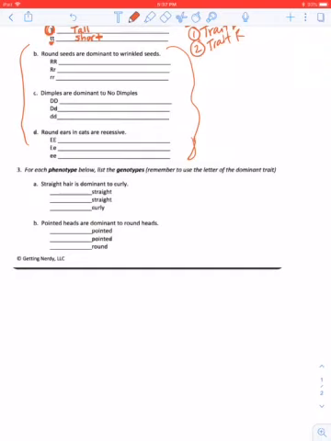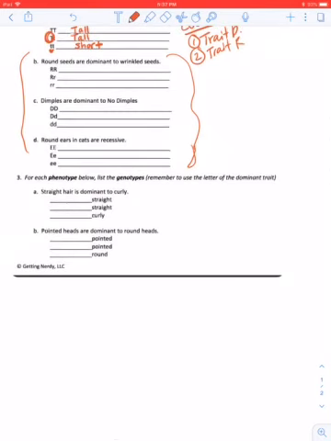Curly hair is dominant. But if they're telling us it's dominant, then that means straight hair can be capital T, or we can use whatever letter as long as it's different lowercase than it is capital. Please don't use S's. If you do, I'm going to count it wrong. Or X's. You know, things, W's, things that look the same, lowercase as capital. Those are not good things to use.